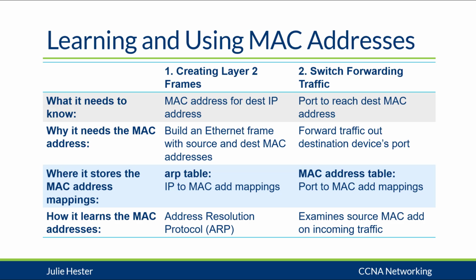The other process that learns MAC addresses is by switches when forwarding traffic. They need to know which port to use for a destination MAC address to forward the traffic. Switches store mappings of MAC addresses for each port in the MAC address table. Switches learn MAC addresses by looking at the frame header on incoming traffic and storing the source MAC address.